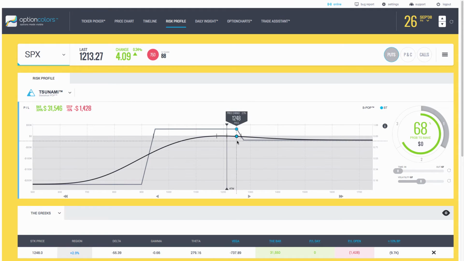Now we can also see as we move this way that our Vega is becoming more positive. Again, if you look down at the bottom of the screen, that our Vega becomes more positive. If we have a positive Vanna in the trade, and then you have a positive change in price, you multiply the positive times the positive, and you get a positive change.